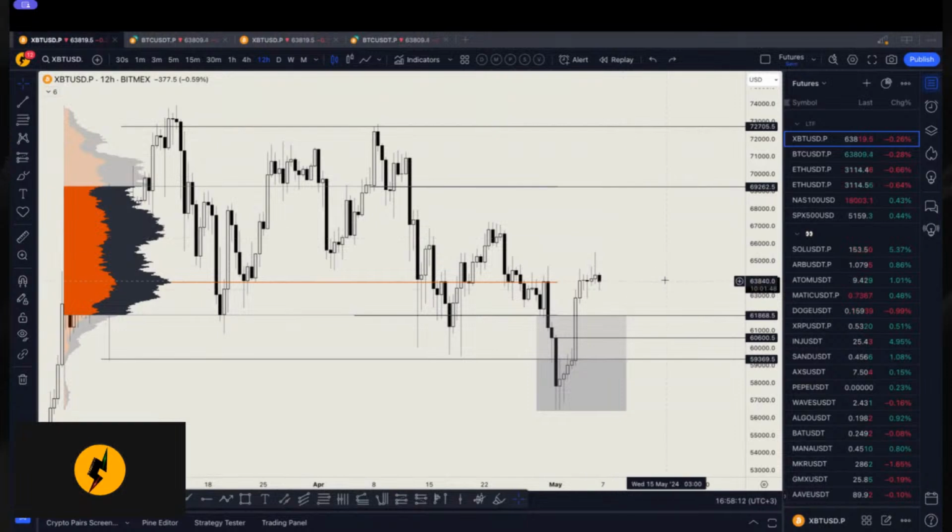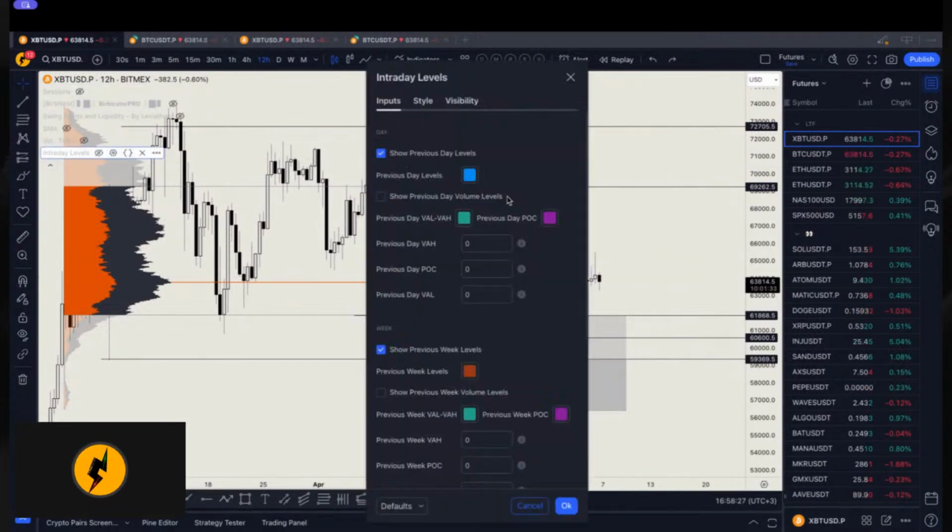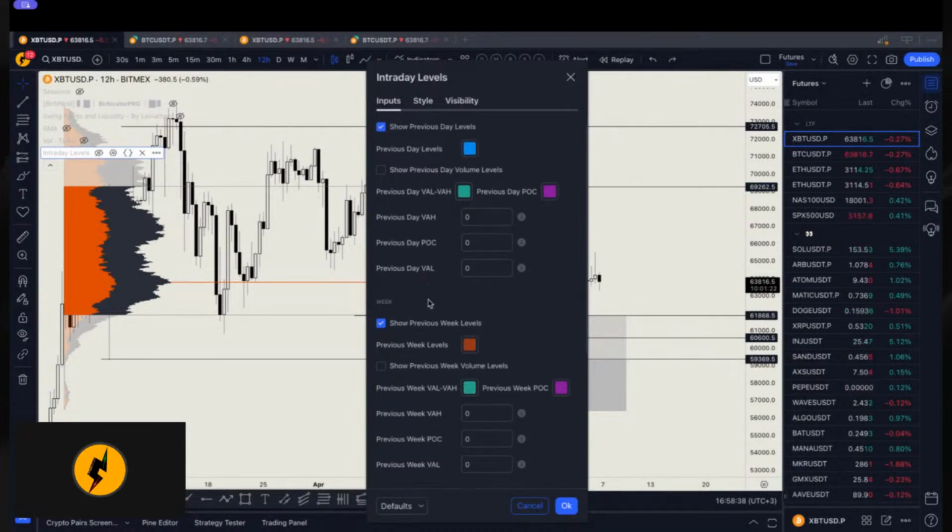But yeah, use Spaceman BTC's key levels. I know Spaceman BTC's key levels indicator. The reason that I created mine was that mine is a little bit different. I have inputs for the volume levels as well. So value area high, POC, value area low. I'm not sure if Spaceman BTC's indicator has this.